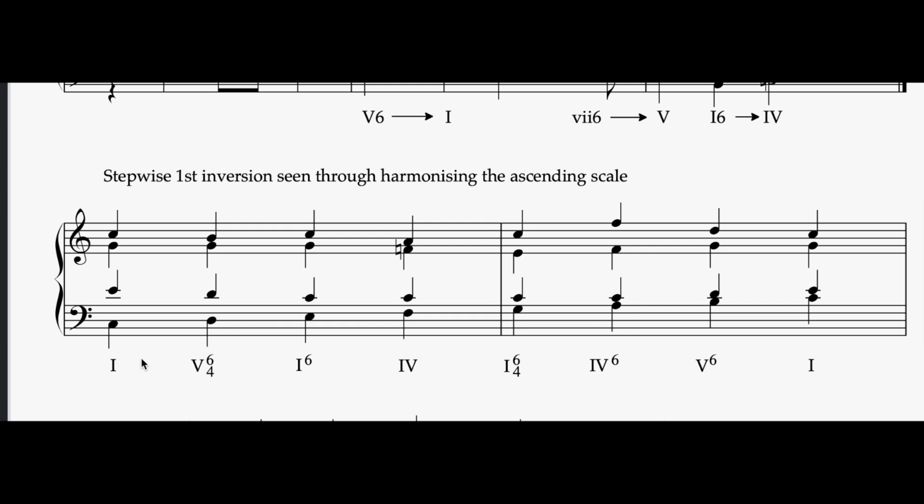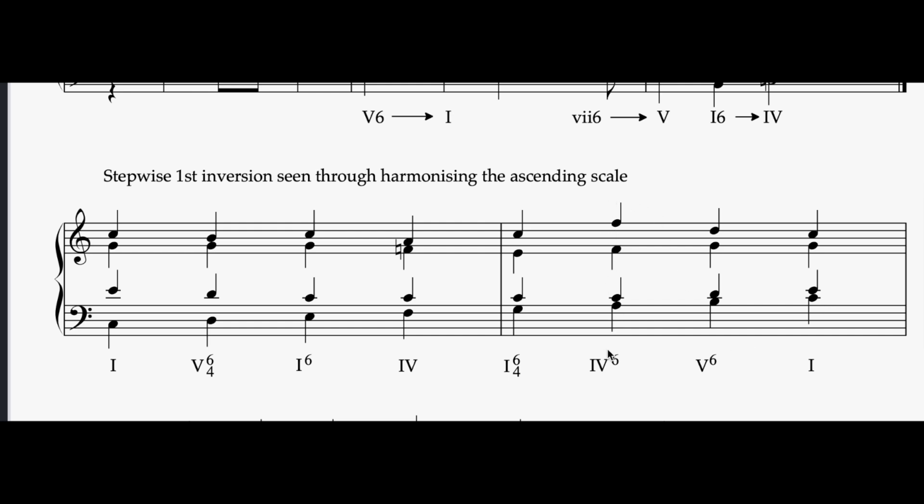All right, so this is a little formula that you can use to keep an eye out of how to use first inversion. And from this scale motion, we see here chord 1 first inversion going to chord 4, and then we see chord 5 going to chord 1, chord 5 first inversion stepping up to chord 1.